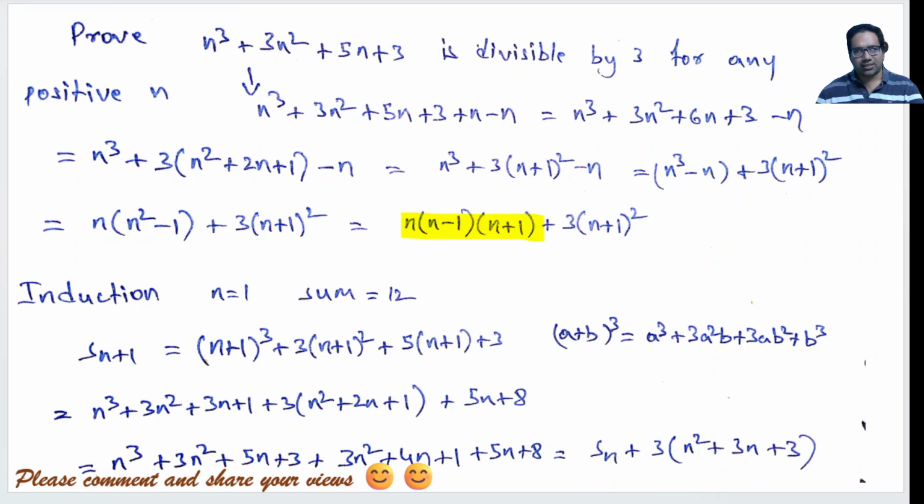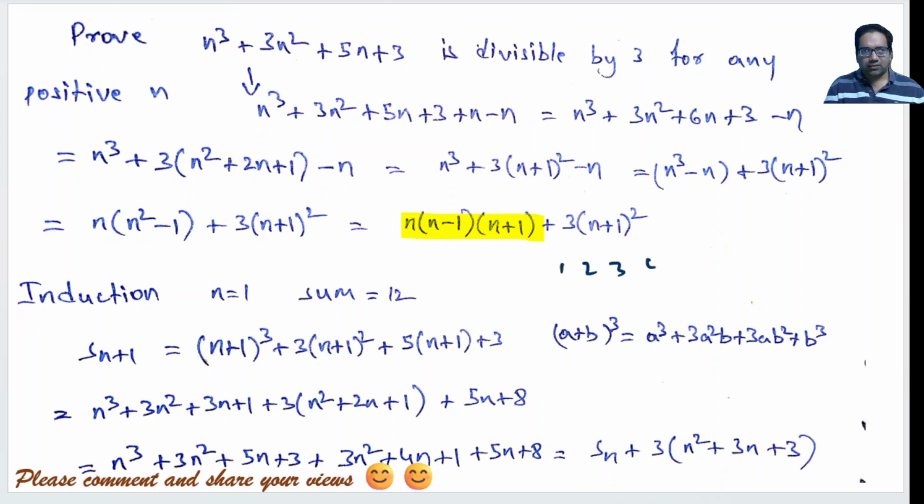Any three consecutive numbers if we take, there will always be one multiple of 3. Whatever three numbers you take, 20, 21, 22, 49, 50, 51, any three numbers, because a multiple of 3 appears every third number.